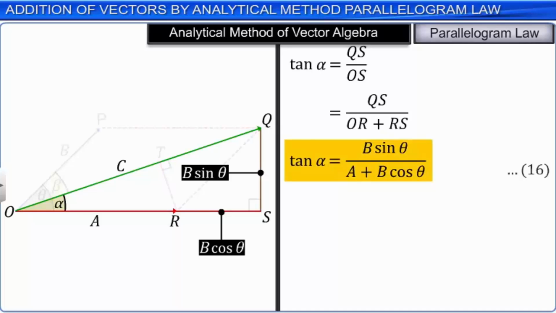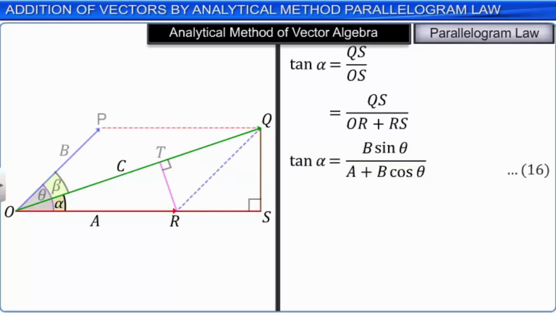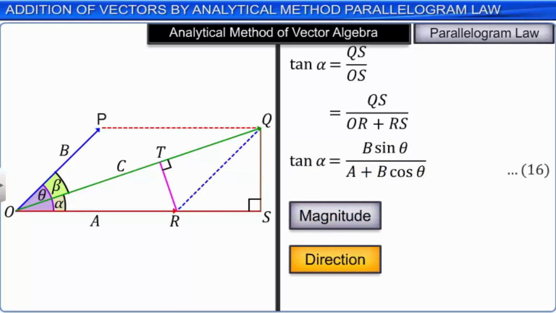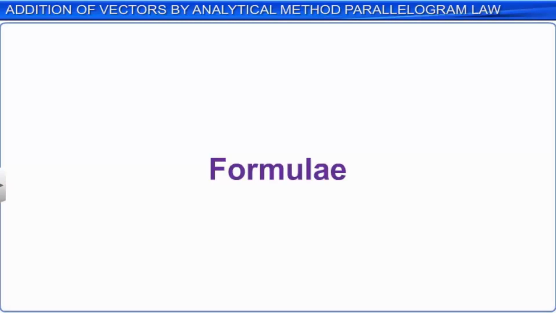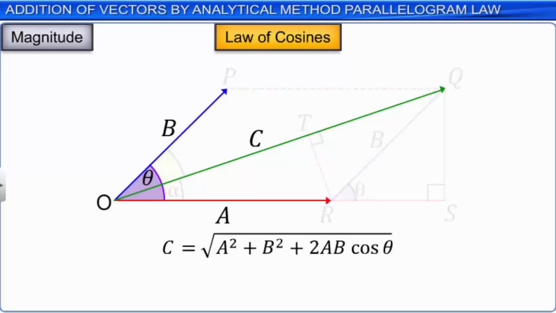C is equal to square root of A square plus B square plus 2AB cos theta. This equation is known as the law of cosines. Using this, we can find the magnitude of the resultant vector. A by sin beta is equal to B by sin alpha is equal to C by sin gamma.